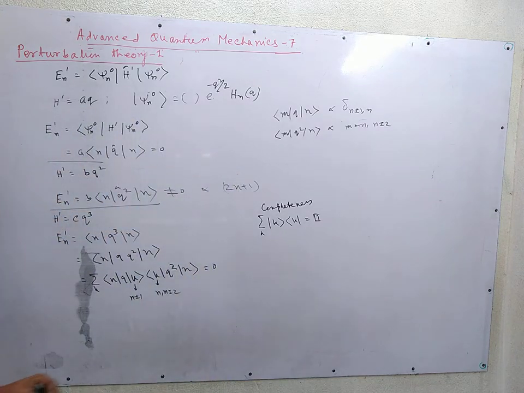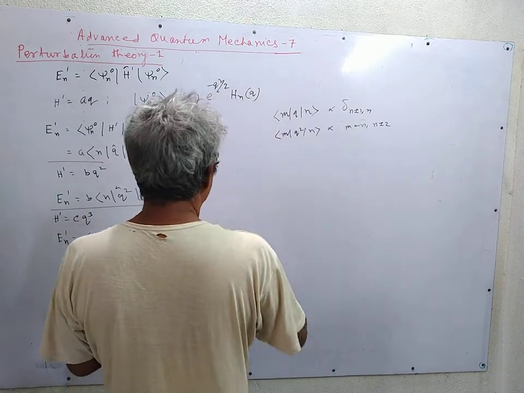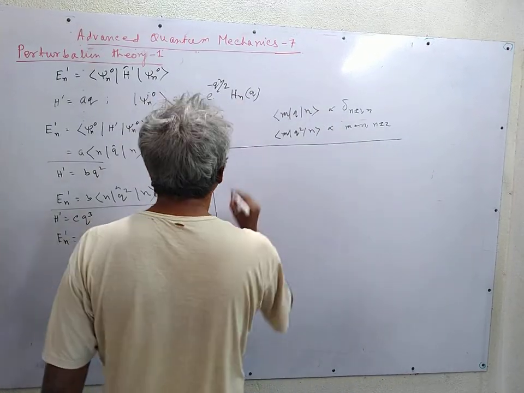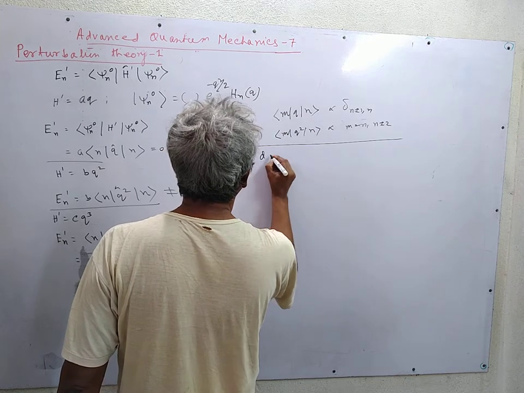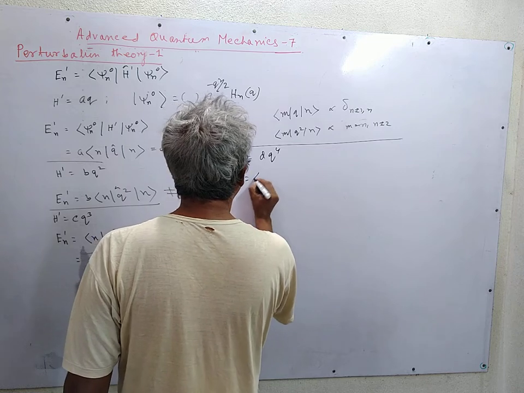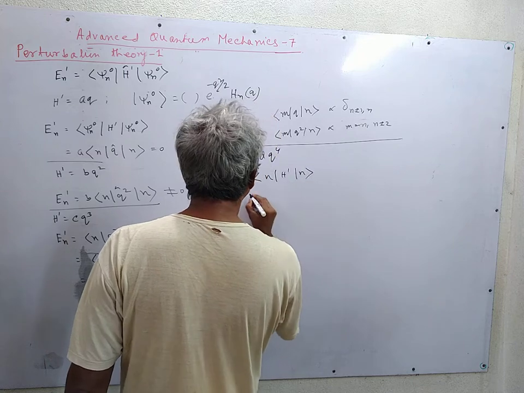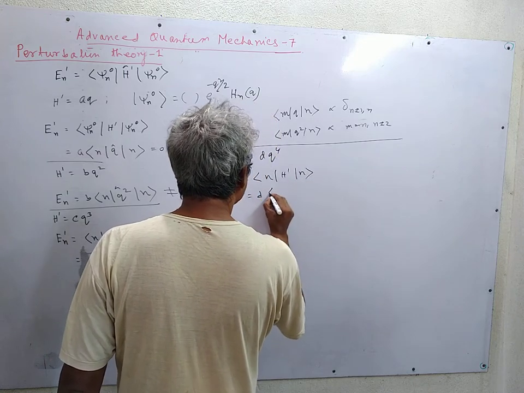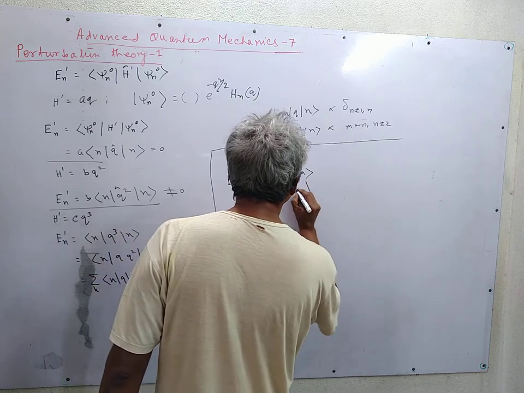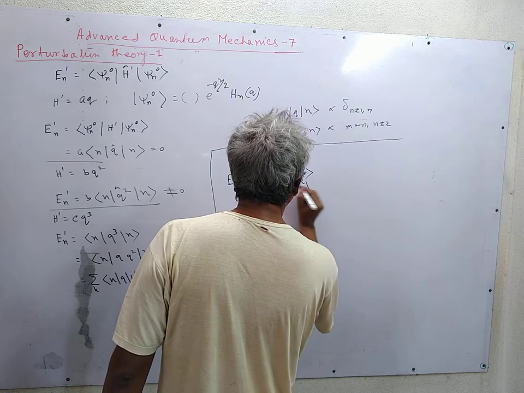If we could apply the same theory to a perturbation going as q to the power 4, we see that H prime is equal to d q to the power 4, and the correction is n H prime n, which is d n q to the power 4 n, which is written as q square times q square.